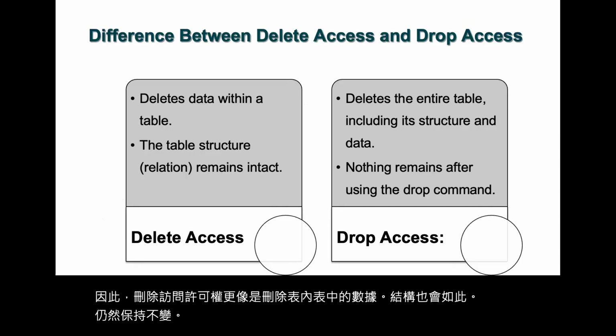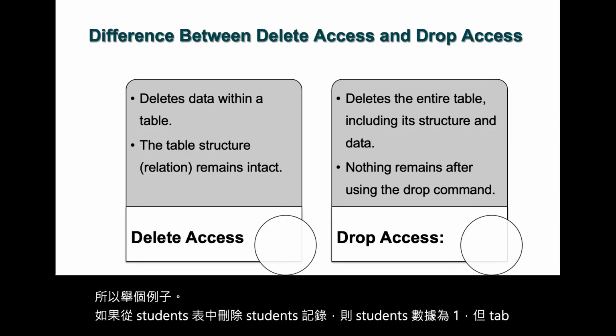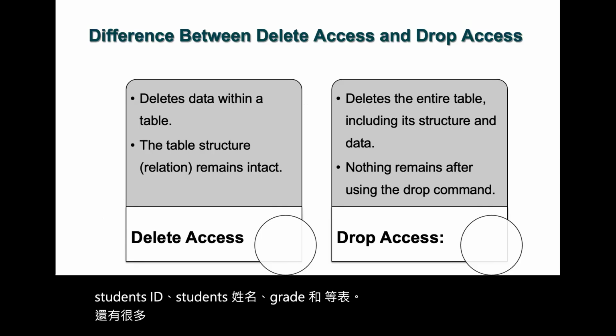For example, if you delete the students' records from the students table, the students' data is gone. But the table columns like the student ID, the student's name, the grade, and many more still exist. The structure still exists.